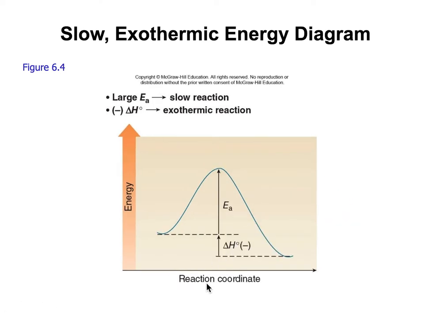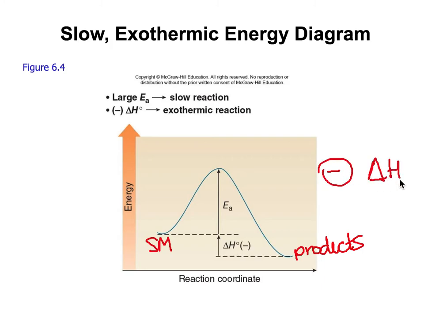The second case that we're going to see right here is a reaction where my starting materials have higher energy than the products. The result of this is that the enthalpy ends up being a negative value. And when the enthalpy is a negative value, this reaction is an exothermic reaction.